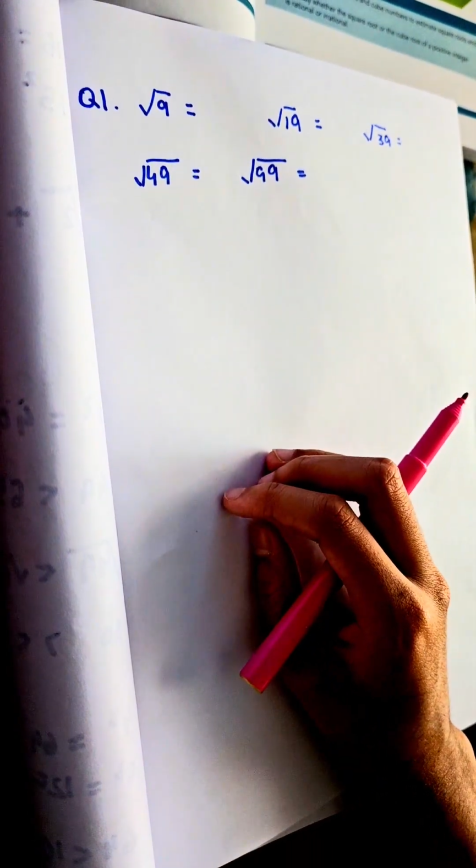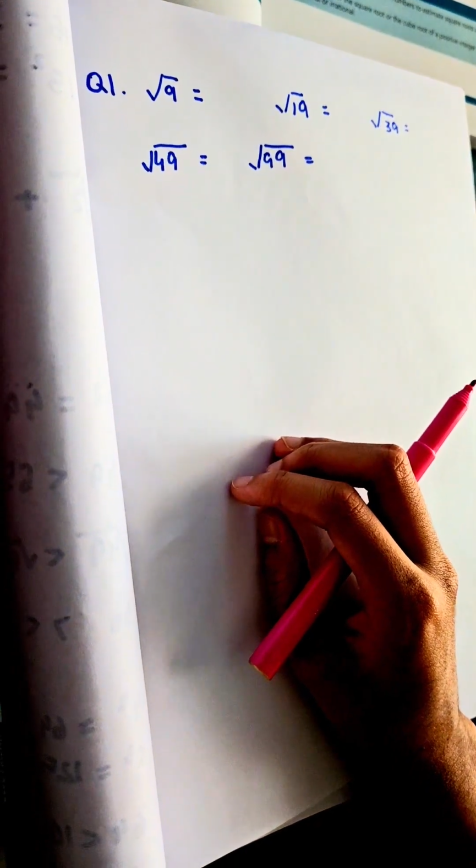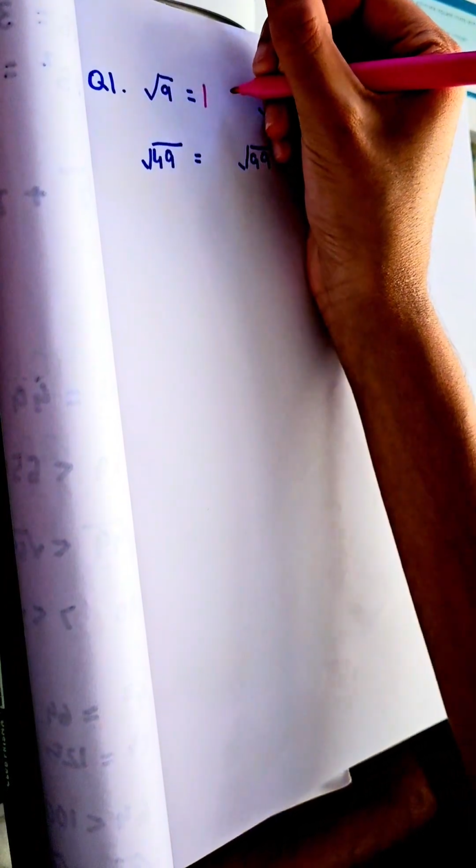Question 1a, square root of 9. It is an integer, so I'll put I, and the answer is 3. Square root of 19.